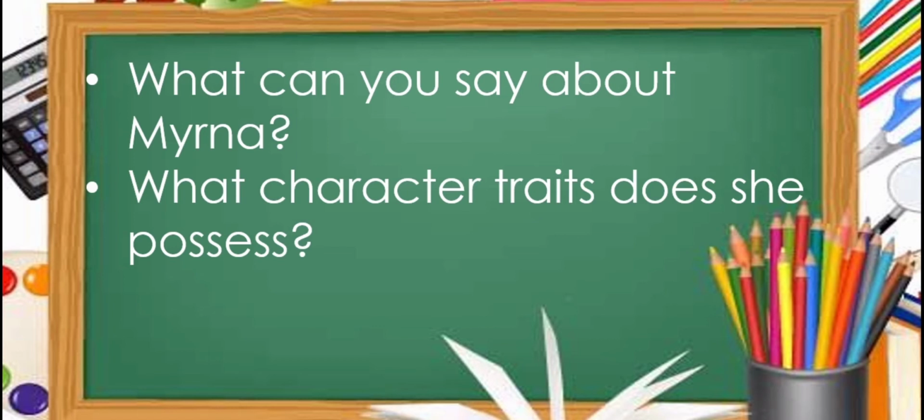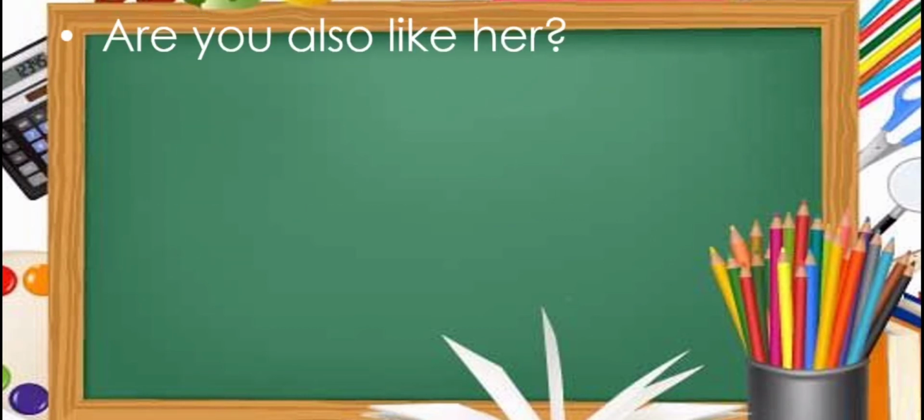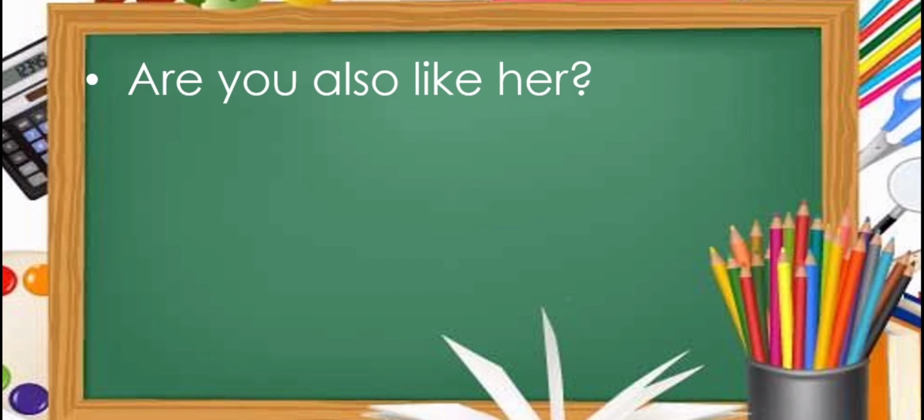So we can say that Myrna is a patient and hard-working pupil. She can follow instructions clearly and do learning tasks diligently. Are you also like her? Very good. You should be like her to be able to finish all the learning tasks assigned to you.